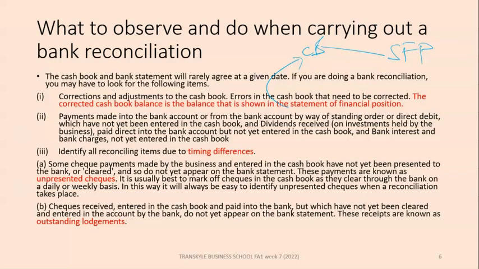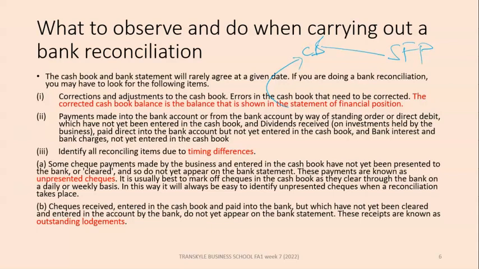What we have in the cash book should be what has been reported. We do not want to see disparities where the cash book is reporting one thing and the statement of financial position is reporting another. That should be avoided at all costs. So the balance we are seeing in the cash book should be the balance which is going to be reported.